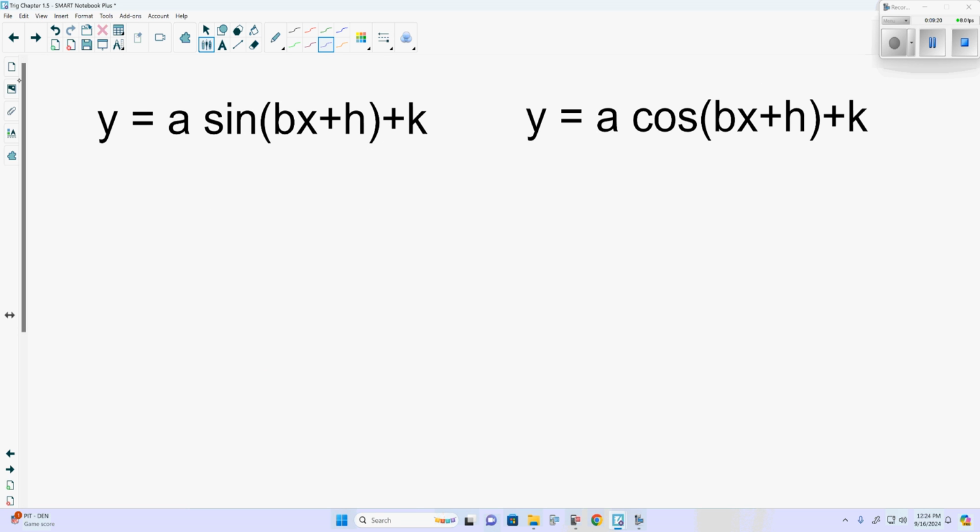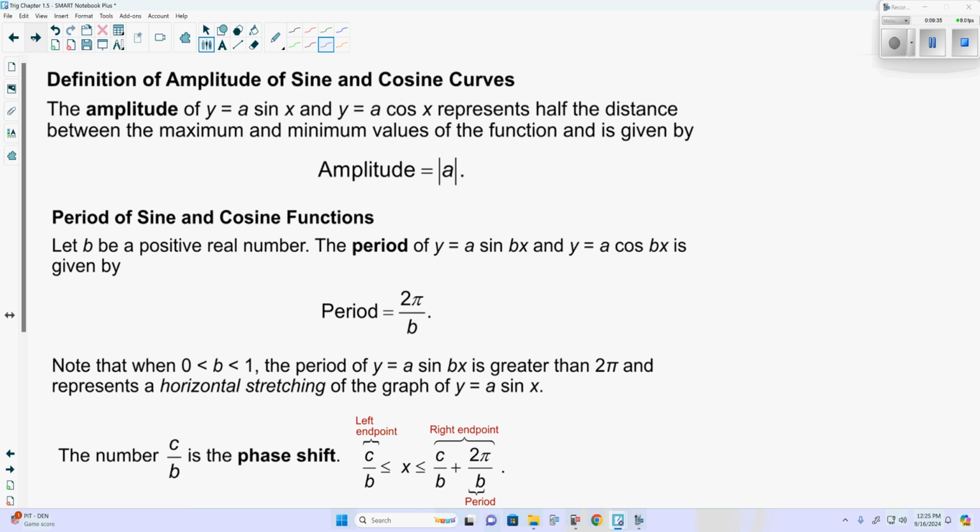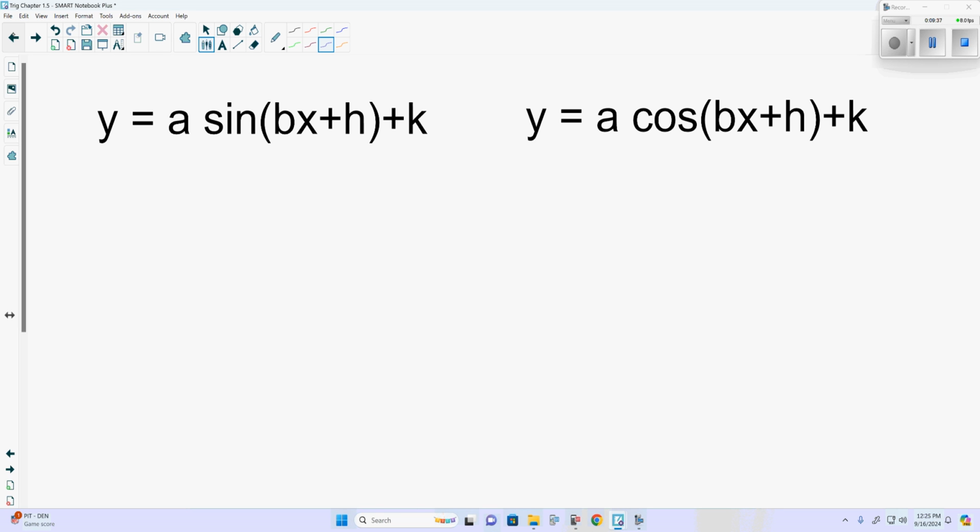Now the 2 main equations we have are these here. Y equals a sine of bx plus h, plus k. A is our amplitude, so A is how high up or how low it goes.